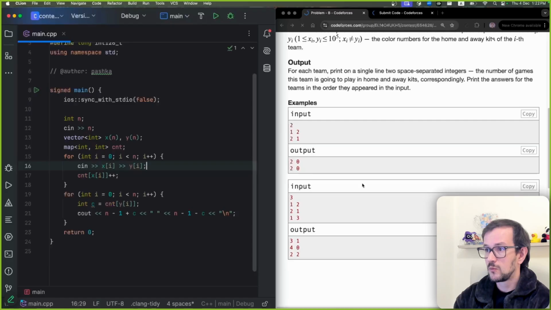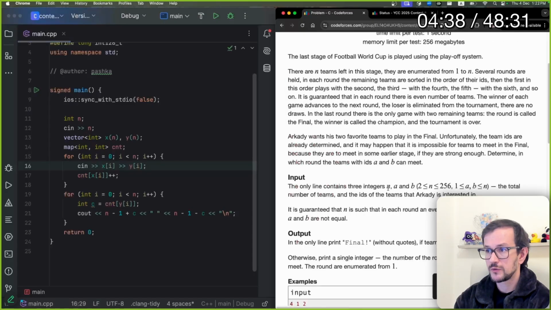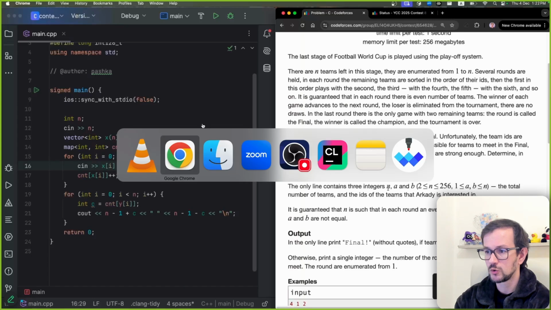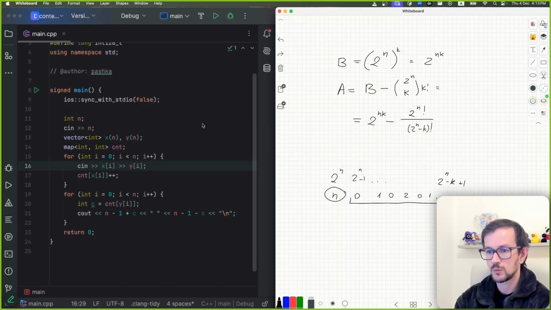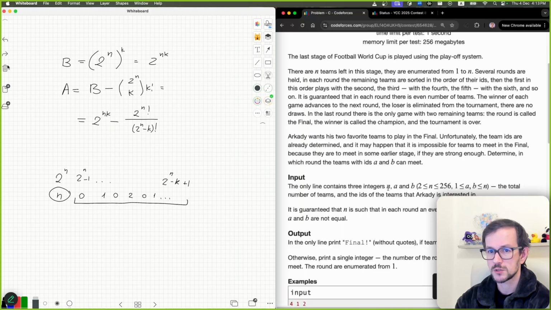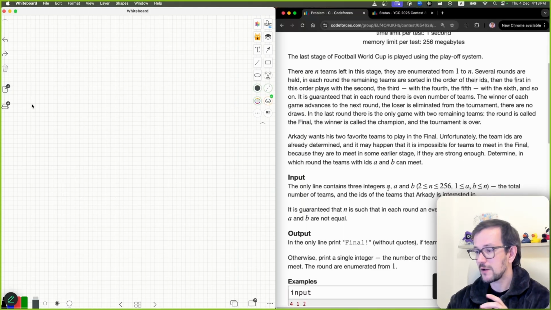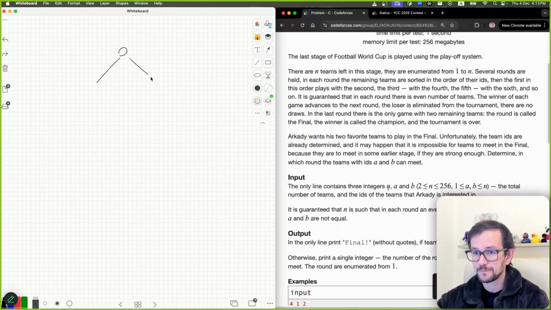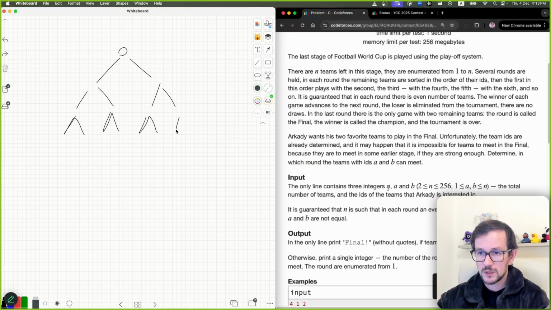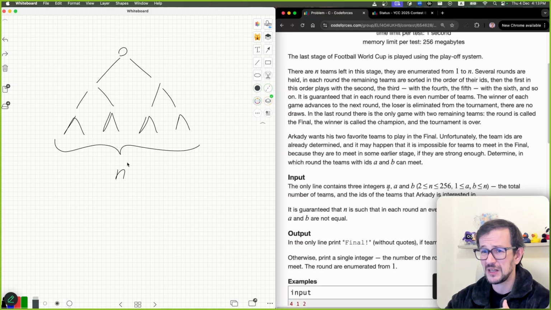Okay, let's move next. Problem C. Oh, problem C is actually fun. So what do we need to do? We have basically a tournament tree. We have some number of teams here, and we know that on every level the number is even.